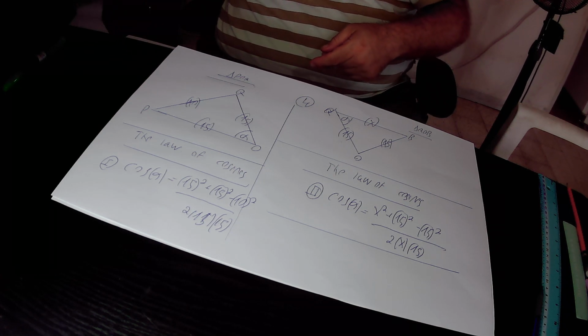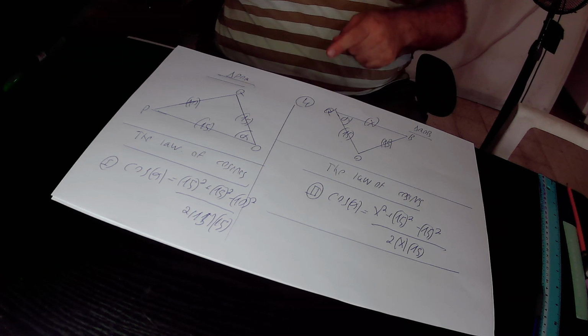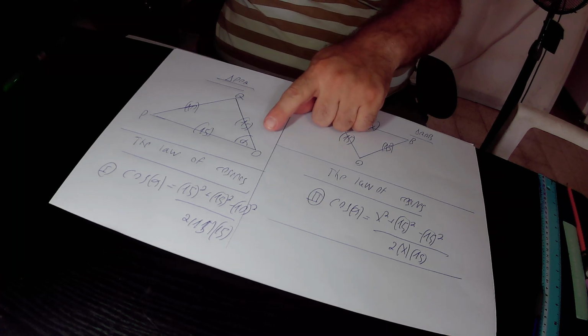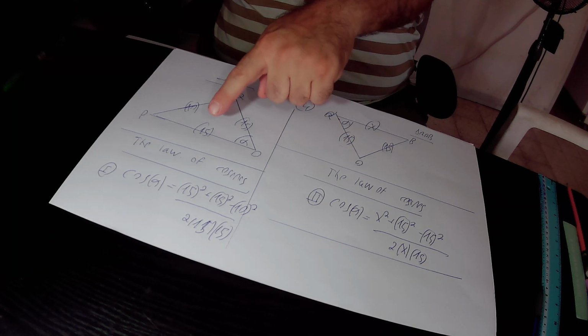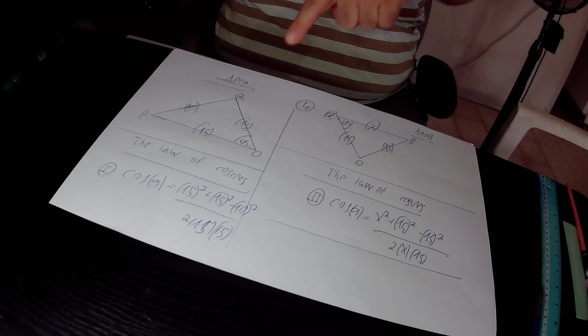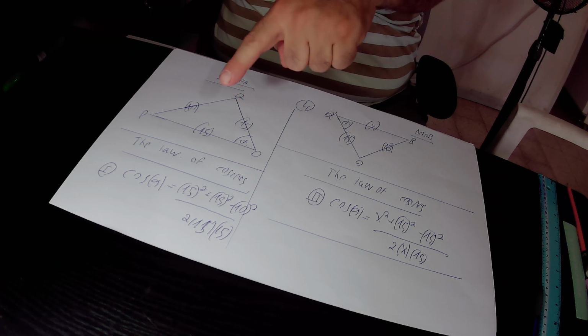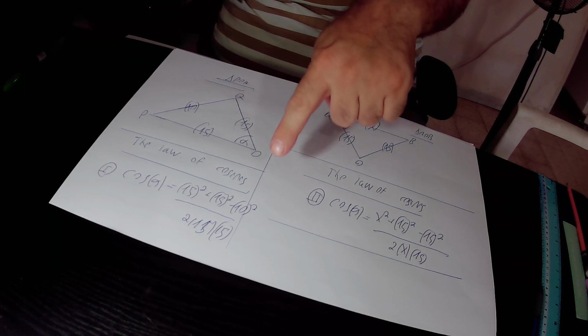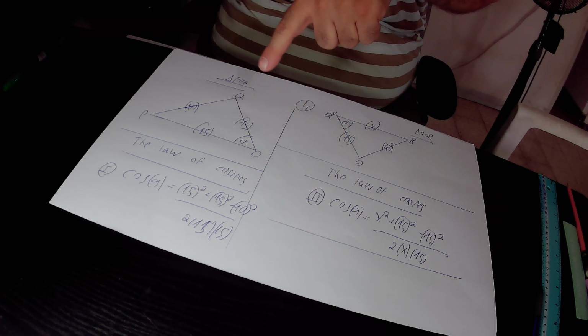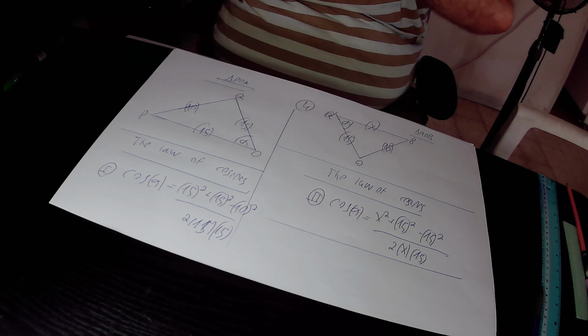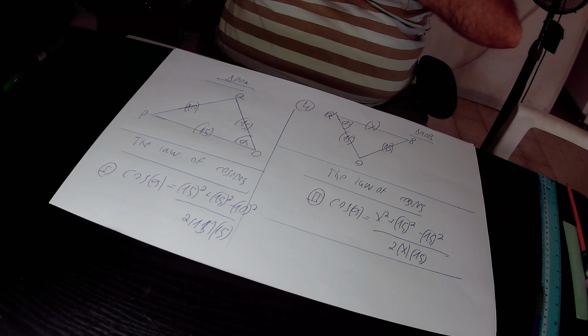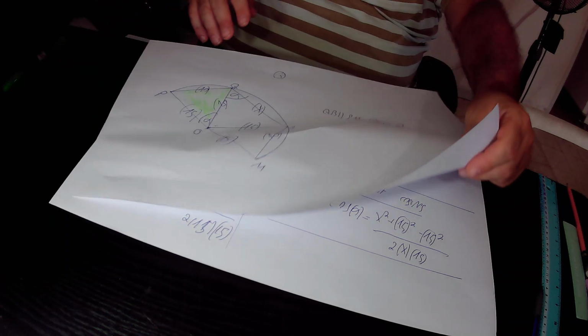According to the law of cosines, in this triangle PQO, cosine alpha equals 15 squared plus 15 squared minus 10 squared over 2 times 15 times 15. This is equation 1.